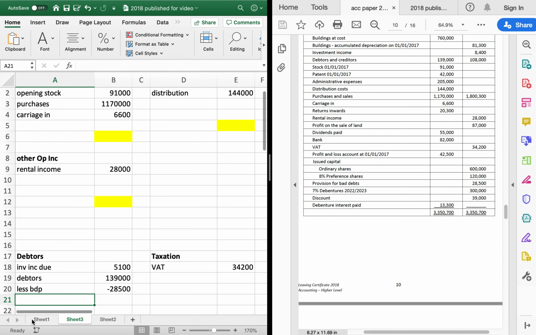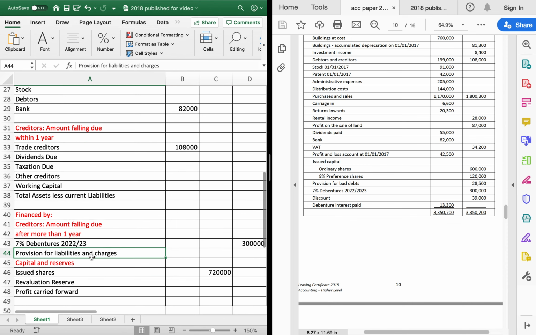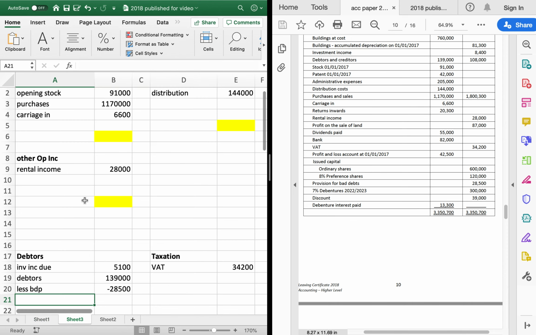Debentures can go in. So 7% debentures are 300,000. Obviously, you put in the year like so. Discount, it's on the credit side, so it's other operating income.